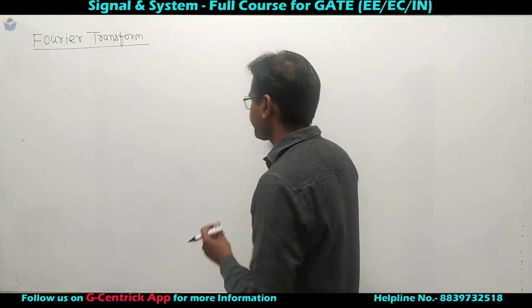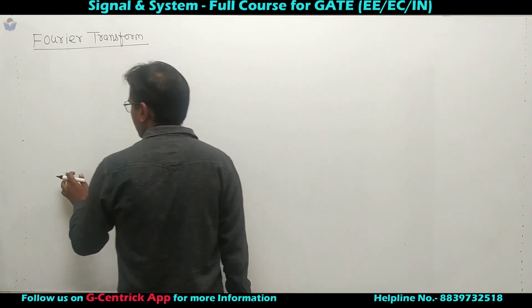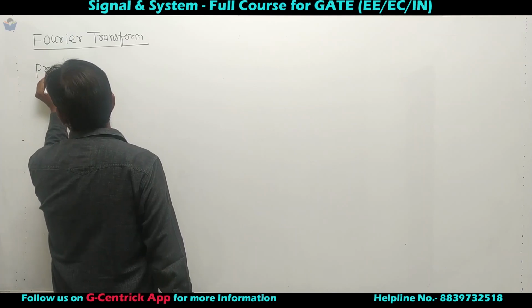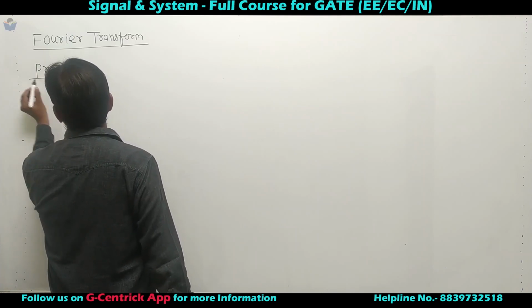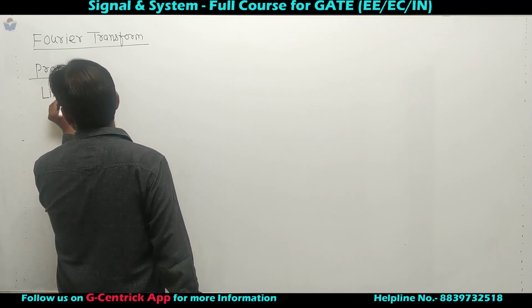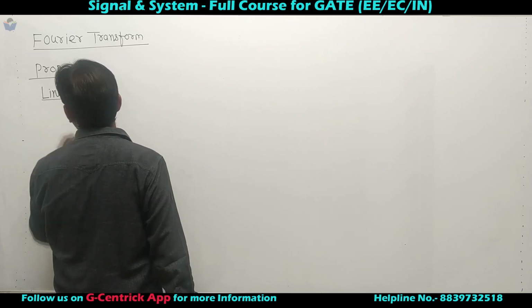Now there is one property of the Fourier transform, and this property is known as linearity. The linearity property. What does it say?